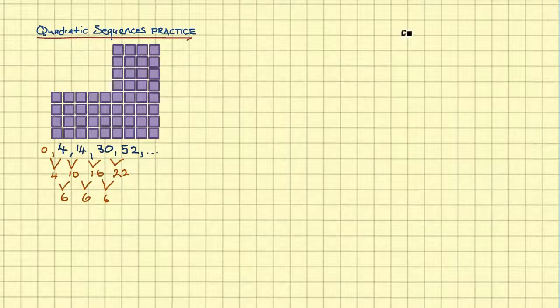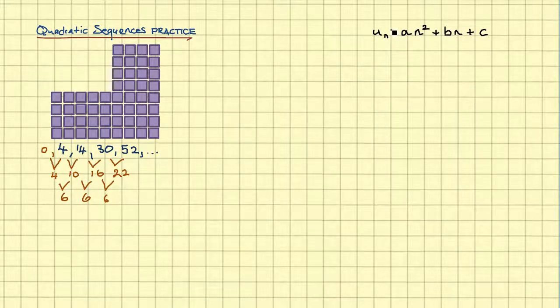Now, if you've just come across this, I'll just remind you that the standard form for a quadratic is going to be a n squared plus b n plus c.